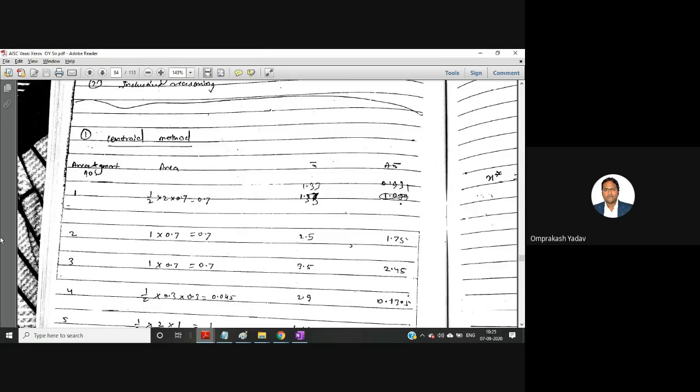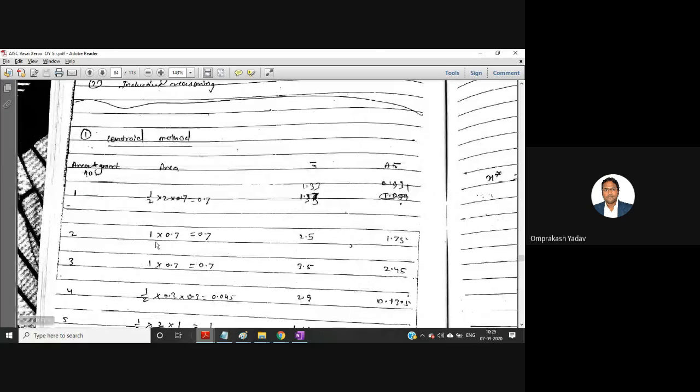Then let's take the second area. The second area is this rectangle. What is the area calculation formula for a rectangle? It's simply length into breadth.